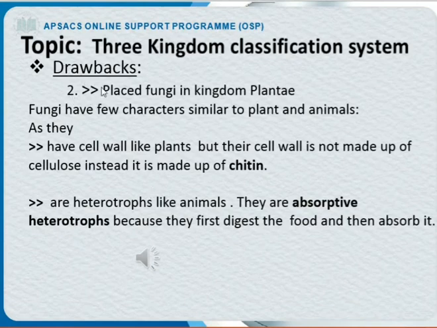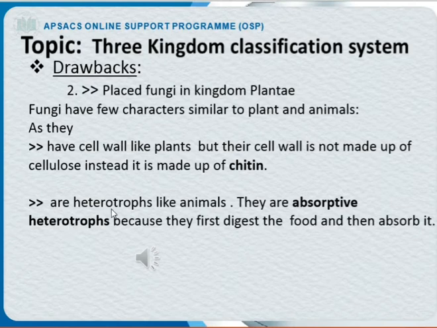Second major drawback due to which three kingdom classification system was rejected was that this system placed fungi in kingdom Plantae. Fungi have few characteristics similar to plants and few characteristics similar to animals. They have cell wall like plants, but their cell wall is made up of chitin instead of cellulose.